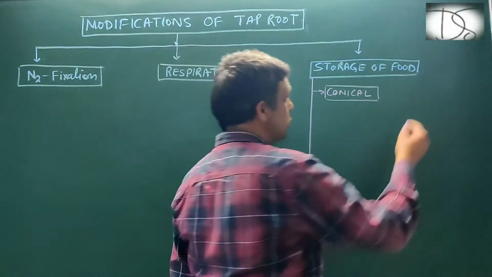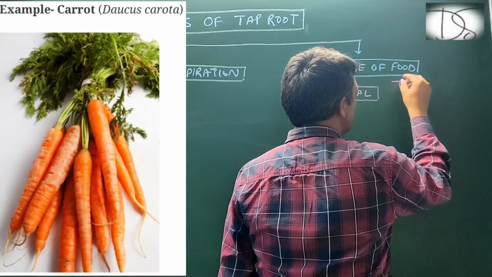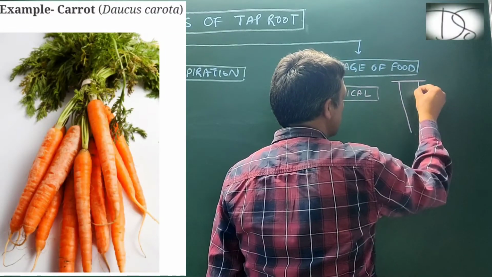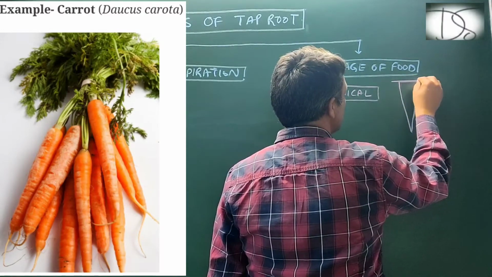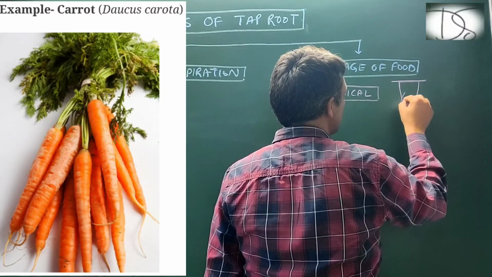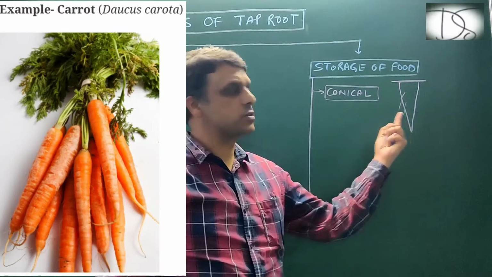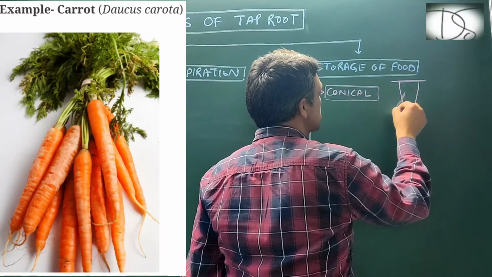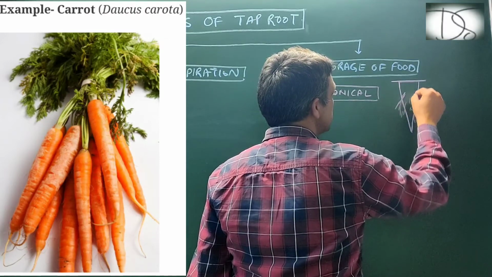These roots are broad at the base and they gradually taper towards their lower ends to form a shape of the cone. So these are the conical roots, and this is obviously the primary root in which the food gets stored, and the secondary and tertiary roots grow from this primary root, right?